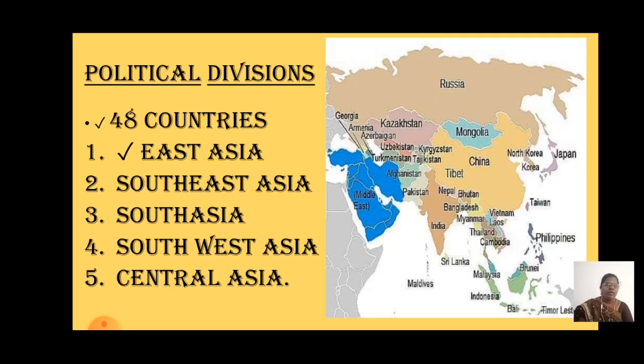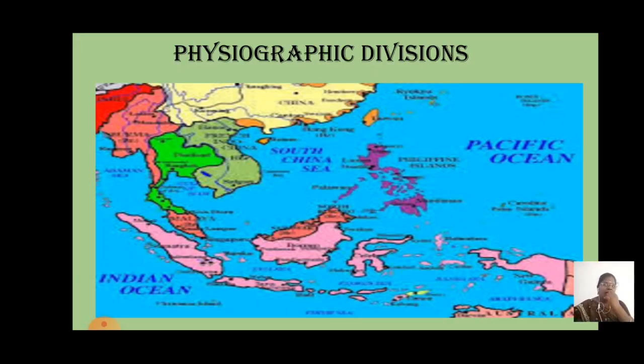Now comes the physiographic divisions of Asia. You know very well Asia is the land of long mountain ranges, snow-capped high mountains, vast plateaus, extensive plains, river valleys and sea coast.